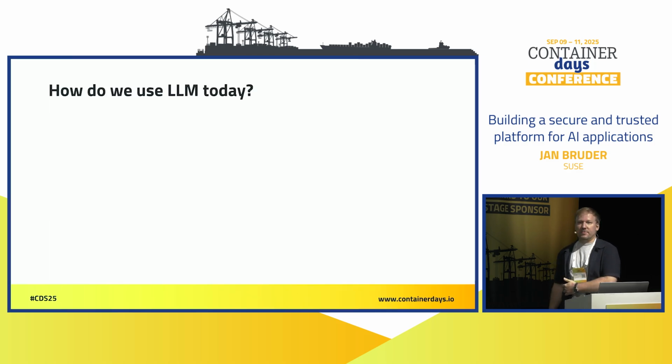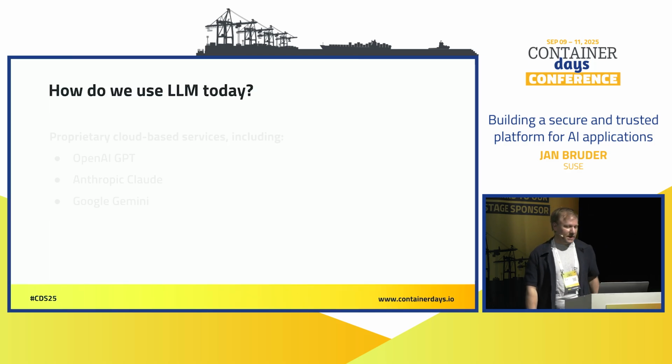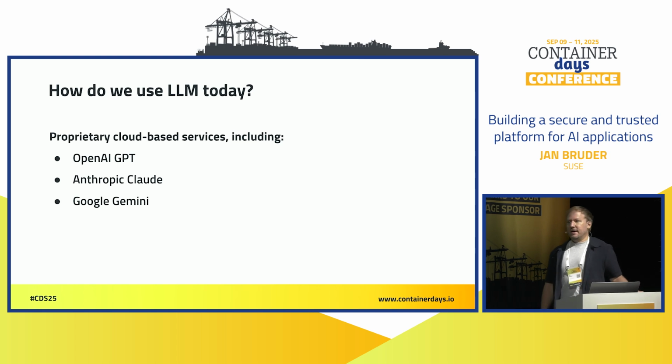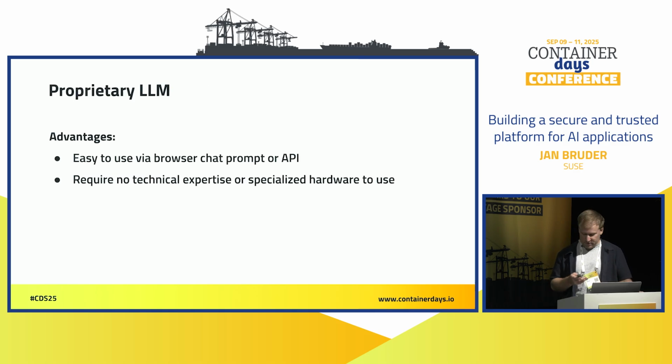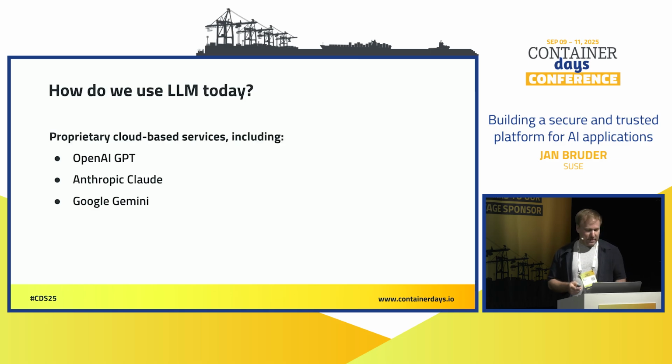So how do most people today use LLMs? It's by subscribing to some cloud-based LLM service. Some of the most popular are OpenAI's GPT, of course, Anthropic, Google's Gemini, but there's a plethora of other services.